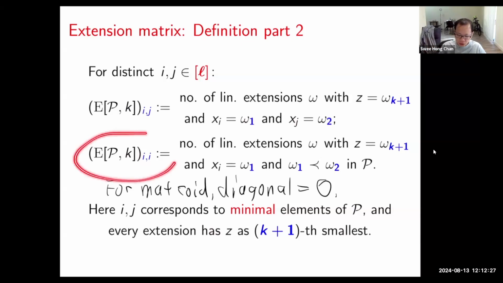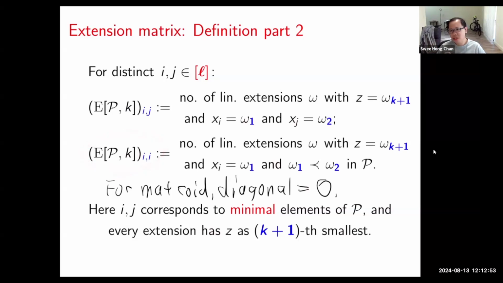But when you go to posets, you see that the order actually does matter, right? That's why it has a total order, that's why this definition is included, and that's why this number is non-zero. This is the only way to make the proof work. If we let the diagonal be 0, then the proof will fail.